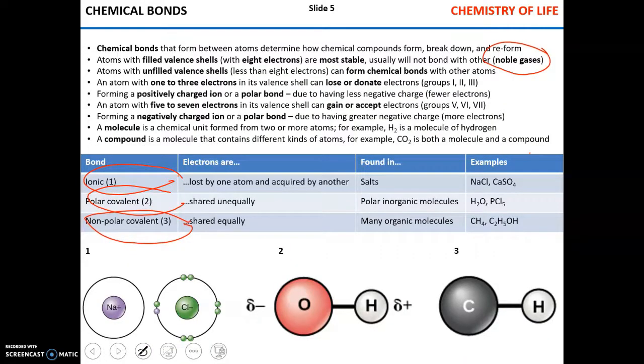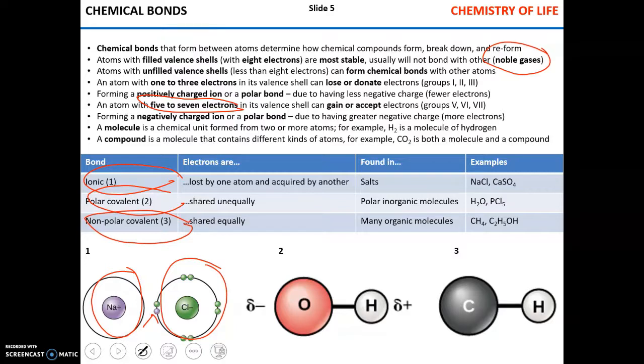So atoms with 1, 2, 3 electrons are more likely to lose electrons or to donate electrons to atoms that have 5 to 7 electrons. Okay, so sodium is likely to donate its electron. Sodium has only 1 electron on its valence shell, to chlorine, which has 7 electrons on its valence shell.